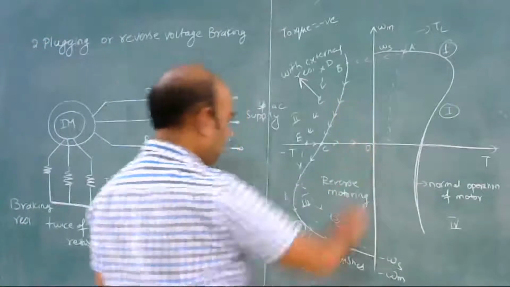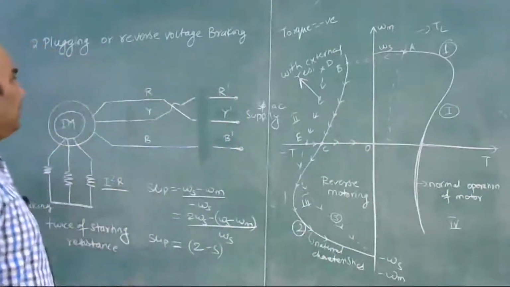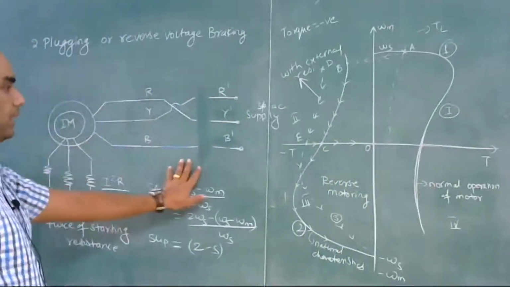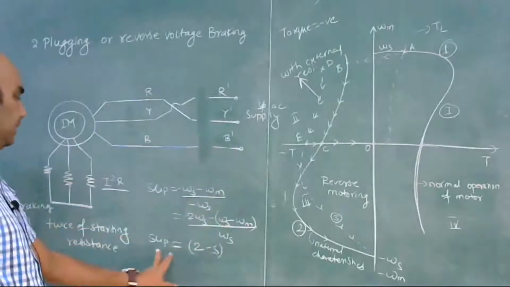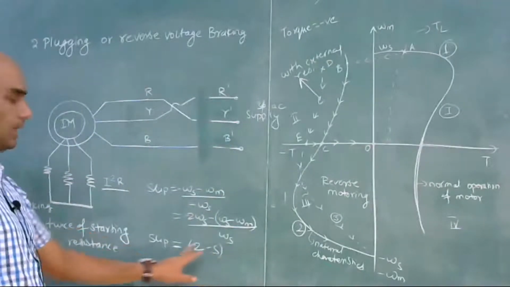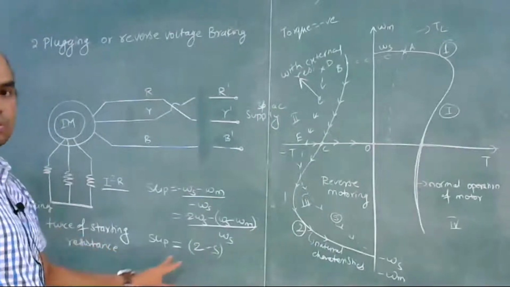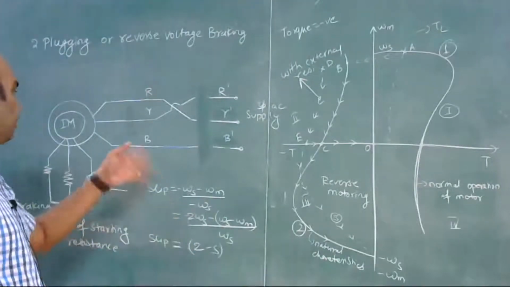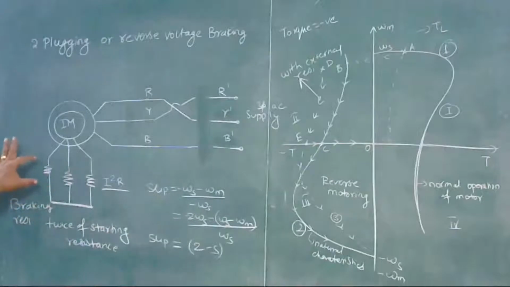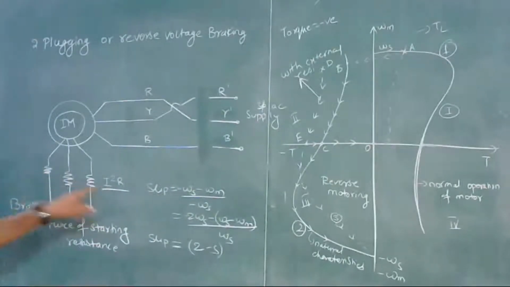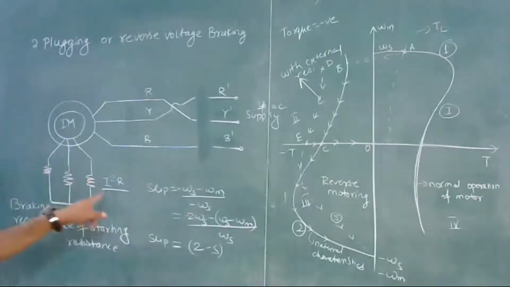So this plugging involves a very large amount of current because slip is 2 minus s, and rotor current depends on this. So rotor current also gets doubled. We have to ensure that there is sufficient resistance to limit this braking current, which is quite large.